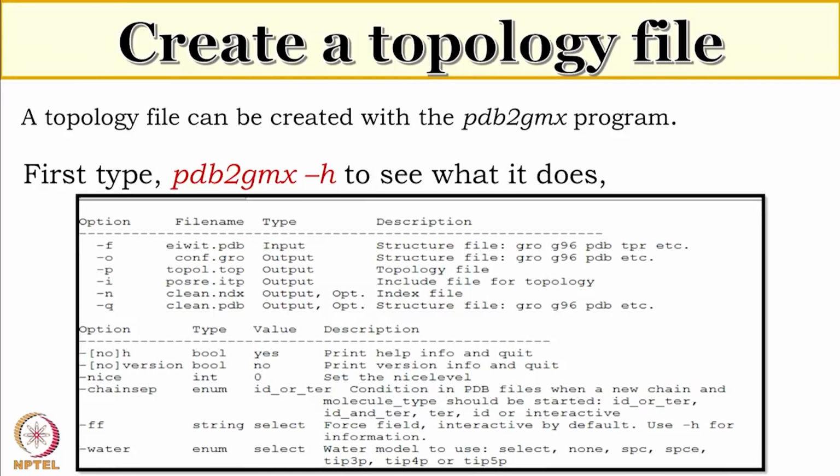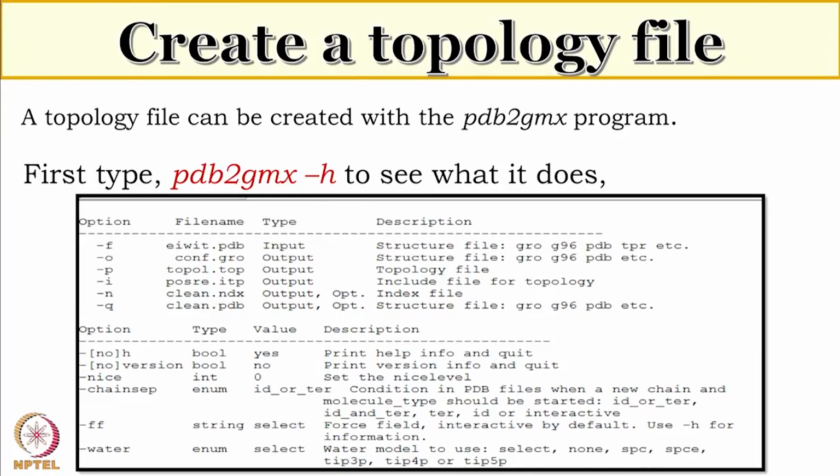It displays the input file required to run this program and the output files we expect. The input file required is the PDB file, s-peptide.pdb, which we already have. The output can be a topology file, a GRO file, an index file, and an ITP file.